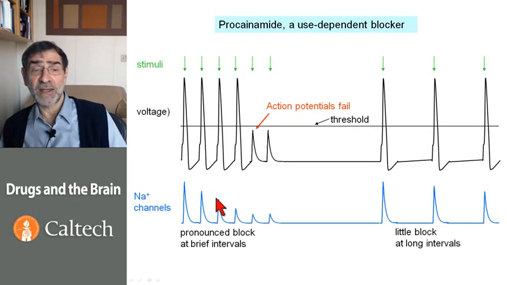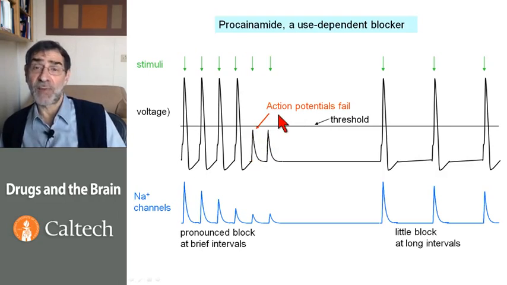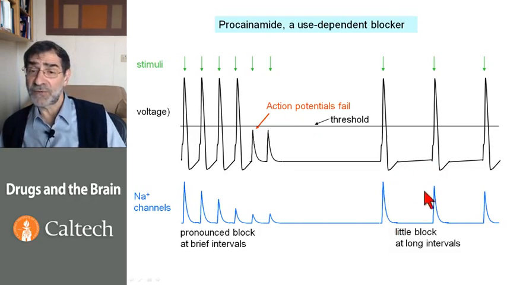So the blockade accumulates until we have enough channels blocked so that we no longer reach the threshold for an action potential, and the action potentials fail. Now, the blocker does eventually come off the channels, and so if we instead stimulate at long intervals and the channels can recover during those long intervals, then we get nice full action potentials.